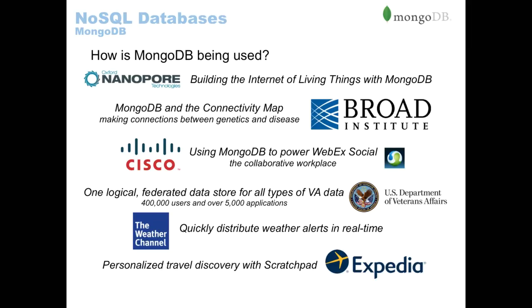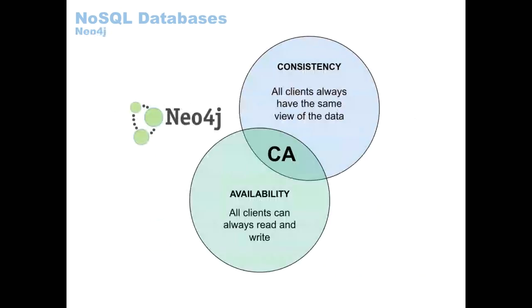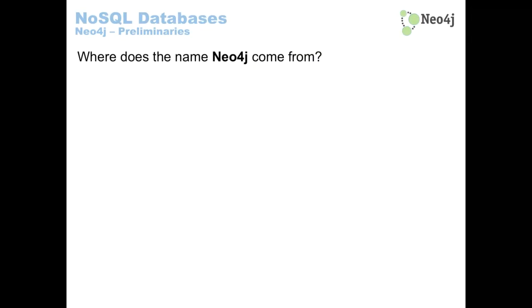So one more database to go, and that's Neo4j. With Neo4j, we're going back to consistency and availability, and we'll talk a little bit about scalability for Neo4j in a minute. But where does the name Neo4j come from? Well, there are all these theories out there online.